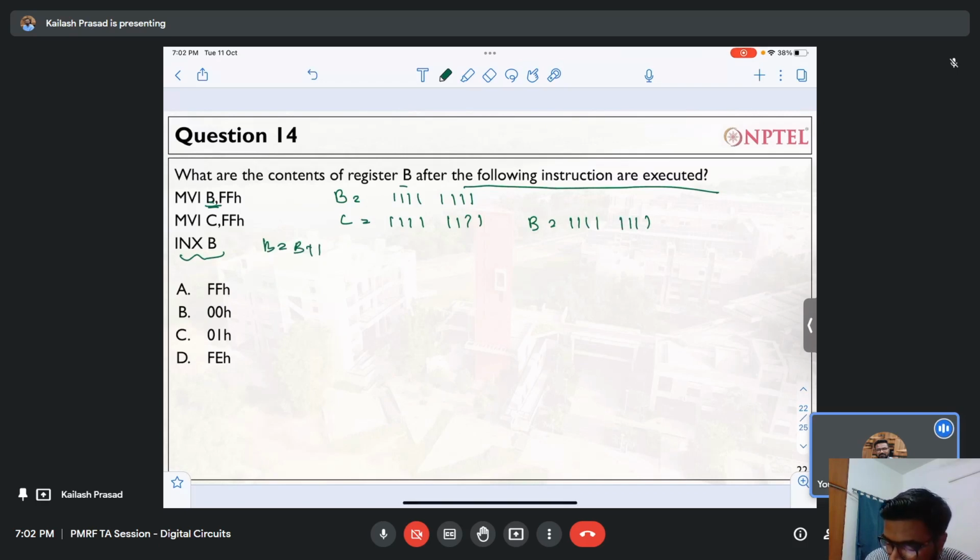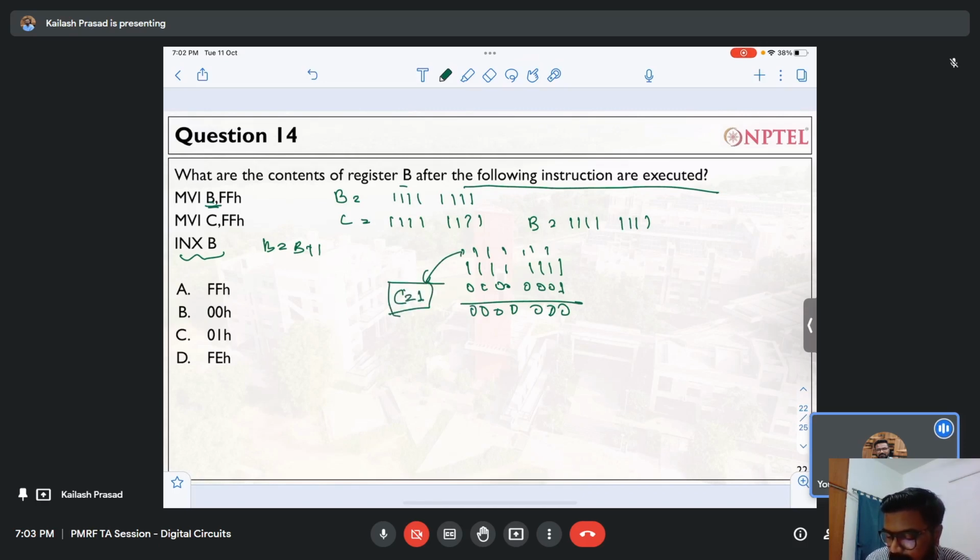So let me write 1 1 1 1 1 1 1 1 plus 0 0 0 0 0 0 0 1. 1 plus 1 is 0, carry 1, plus 1 is 0, carry 1, and so on, and this carry will go out and make the carry flag 1. But if you see the content of B, B is 0 0. The answer to this question is 00H.